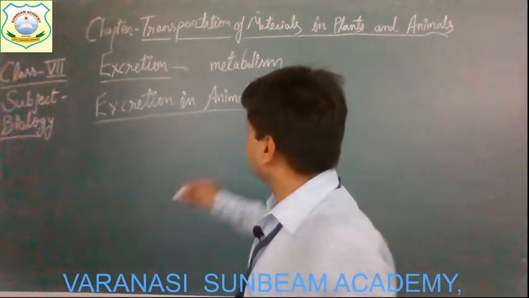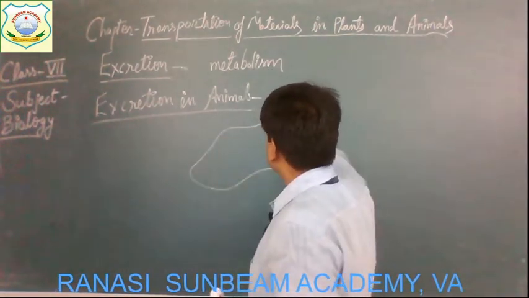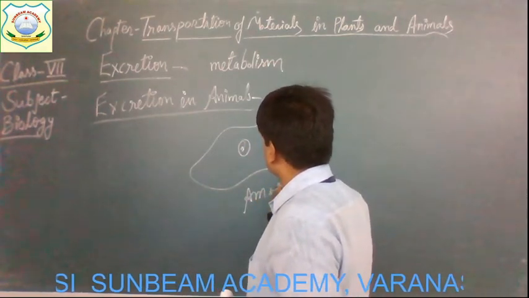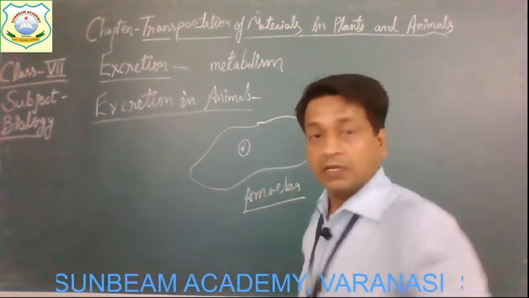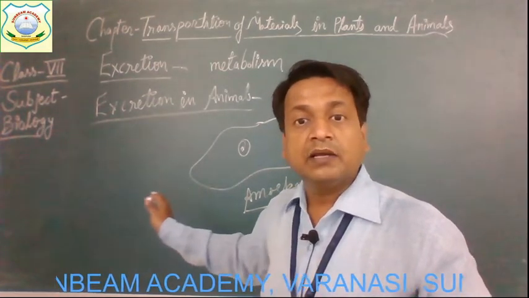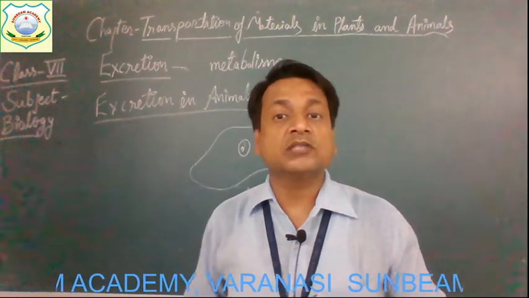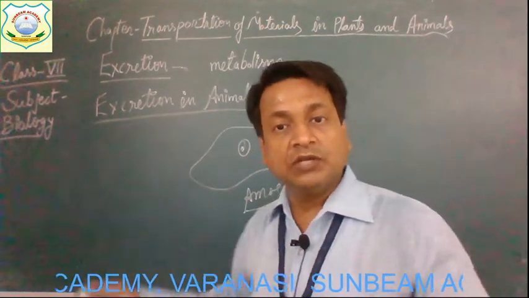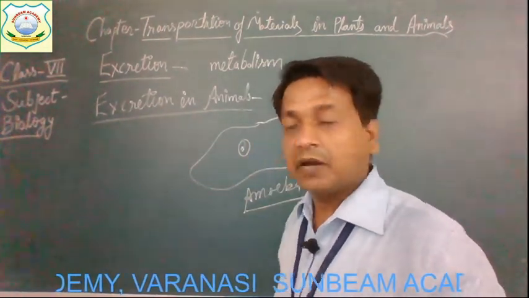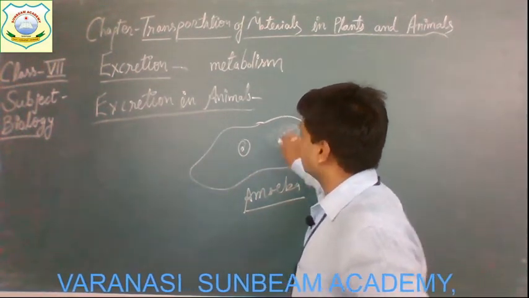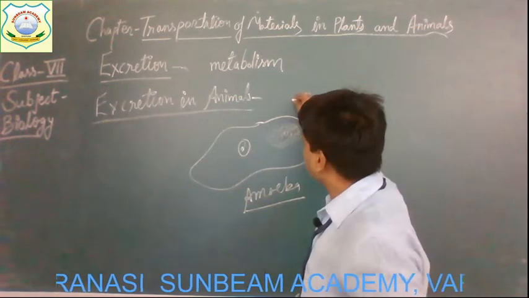So suppose this is the body of an amoeba, and in the body of the amoeba the waste product gets accumulated more, say ammonia, because ammonia is the waste product produced in the body of the amoeba. So the concentration of ammonia increases inside the body as compared to outside.